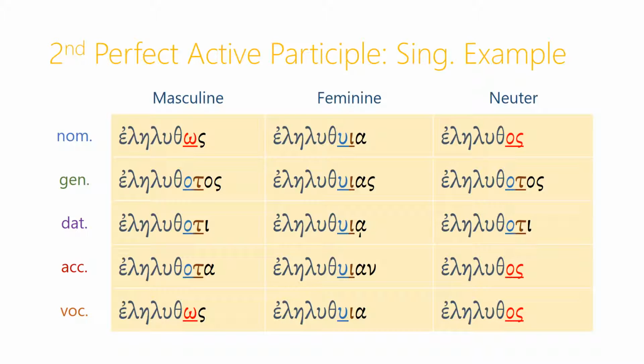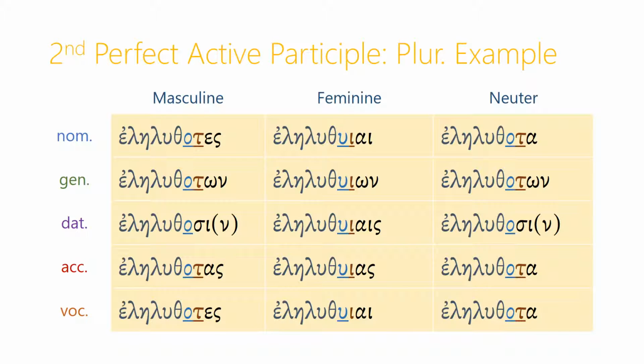So we have the regular perfect stem of the verb, in this case, elelyth from erchomai, and then we just add on, instead of kappa, directly the connecting vowel, the tau or iota voice indicator for the active, and the regular case endings. And there are the same irregularities here in the nominative masculine and neuter, the same irregularities that we saw with first perfect active participles.